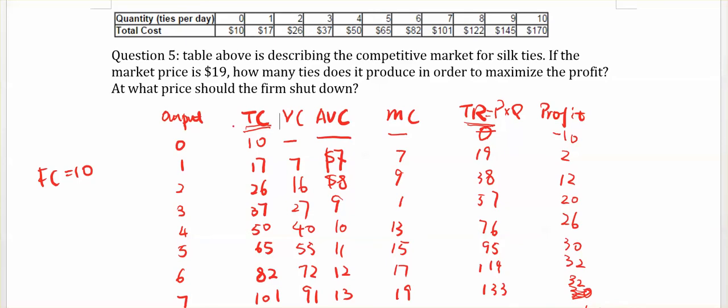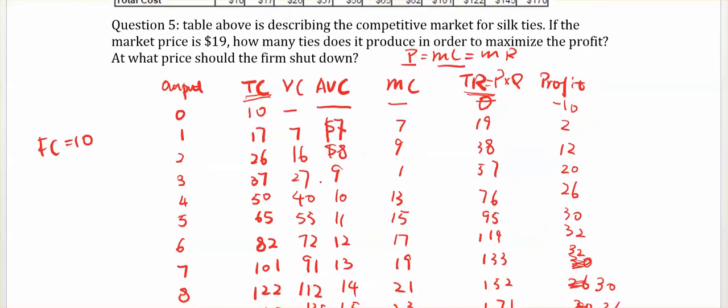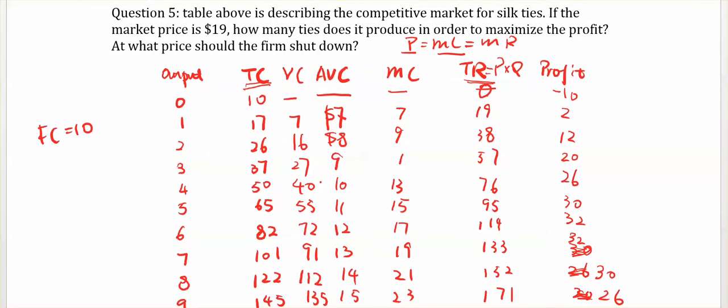So it asks how many ties does it produce in order to maximize the profit. So to maximize the profit, we know the price equal to the marginal cost equal to the marginal revenue. So here we have the information for price and the marginal cost. So we just find the output corresponding to the situation when the marginal cost equal to $19.